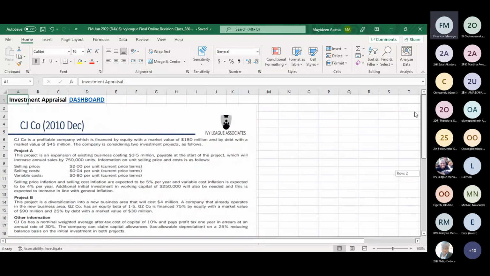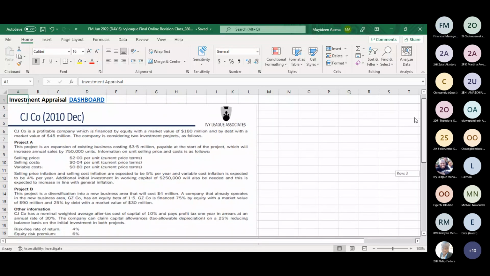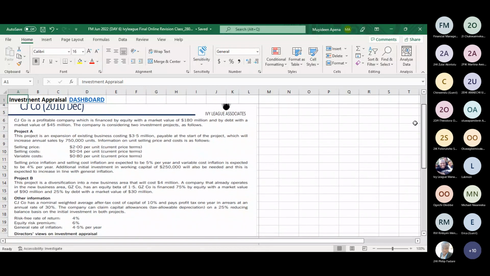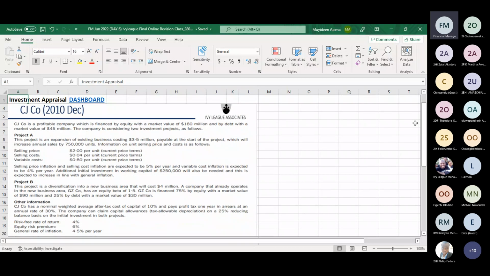So let's look at what the scenario is all about. CJCO is a profitable company which is financed by equity with a market value of $180 million. So I want us to begin to note our relevant data.